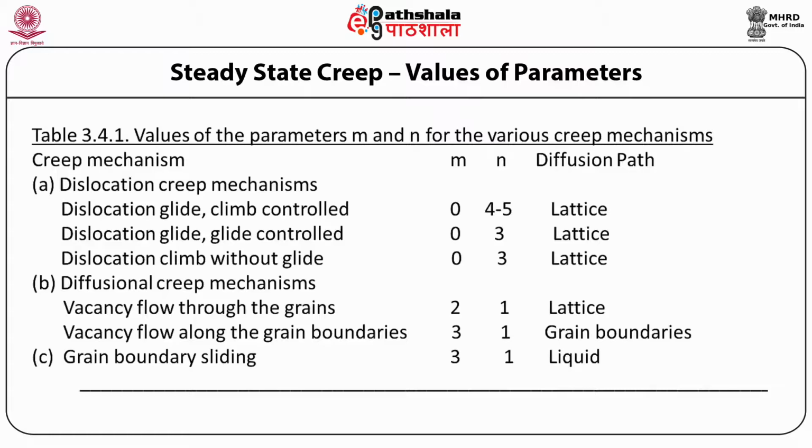Whereas for diffusional creep mechanism, the value of m varies from 2 to 3, and the value of n is constant. And for grain boundary sliding, the value of m is 3 and n is 1.